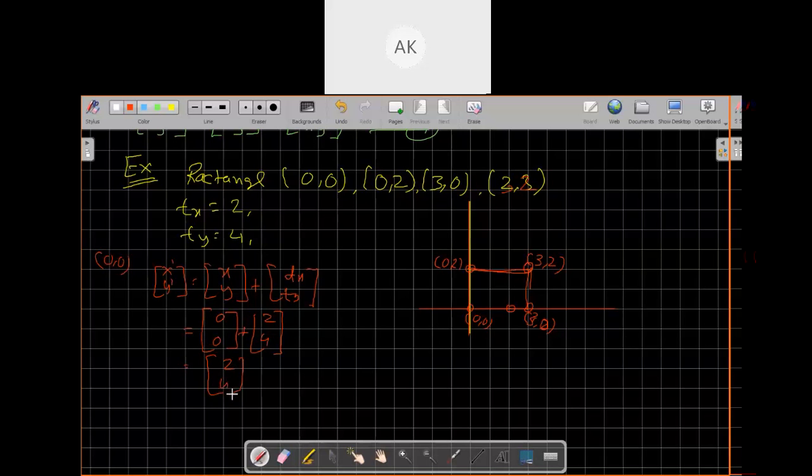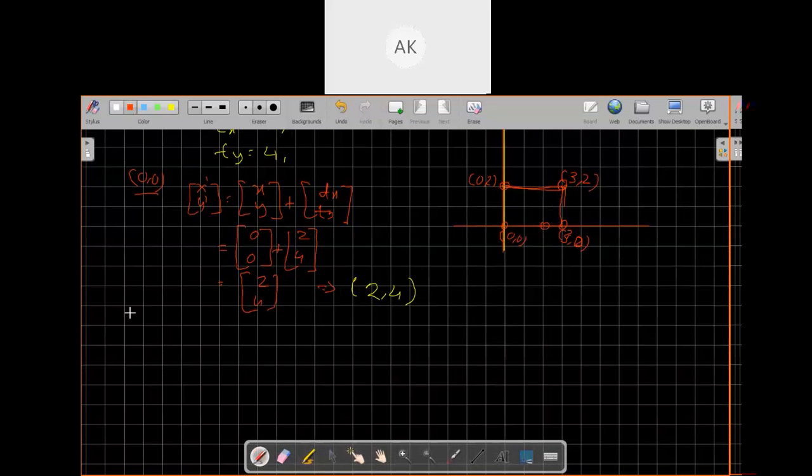Okay, now translate this rectangle. For the first point 0 0, let's translate: x dash, y dash equals x, y plus tx, ty.